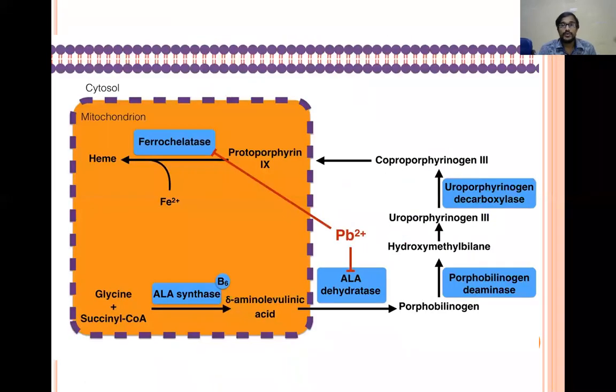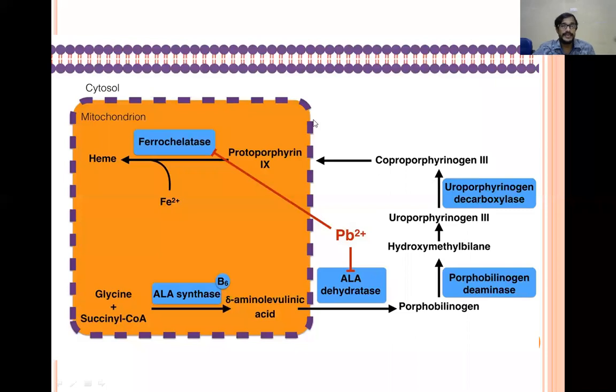And next, coming to the overall steps, we know some part of the synthesis occurs in the cytoplasm and some part occurs in the mitochondria. So in the synthesis of heme, you have to remember that a part occurs in the mitochondria and a part occurs in the cytoplasm.